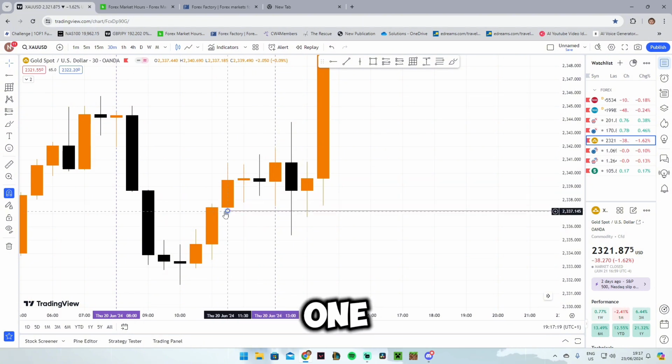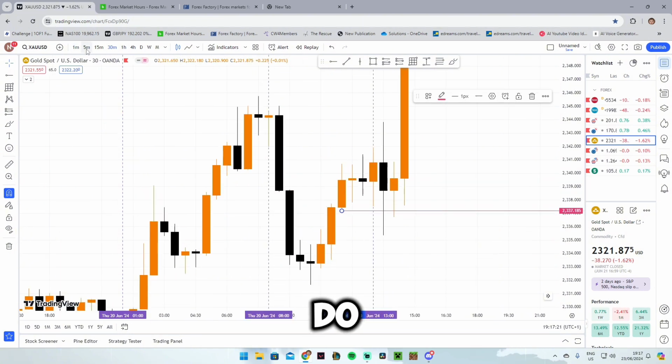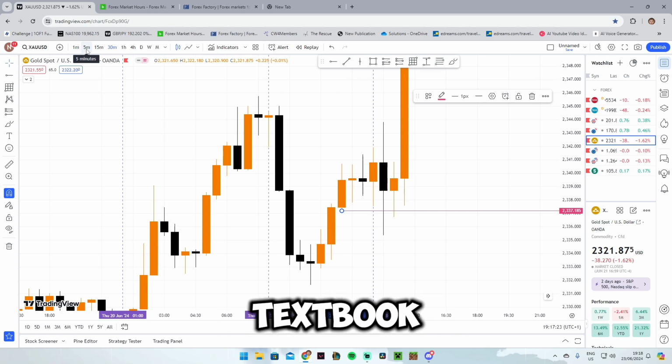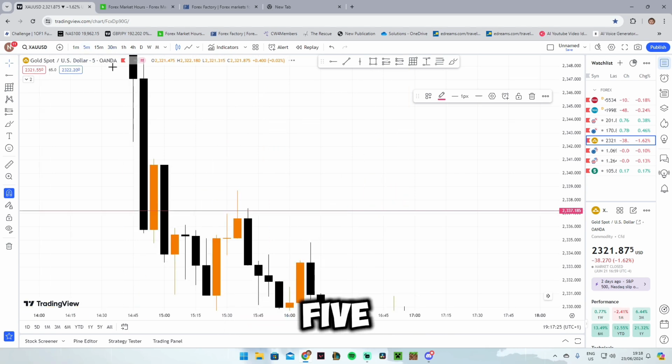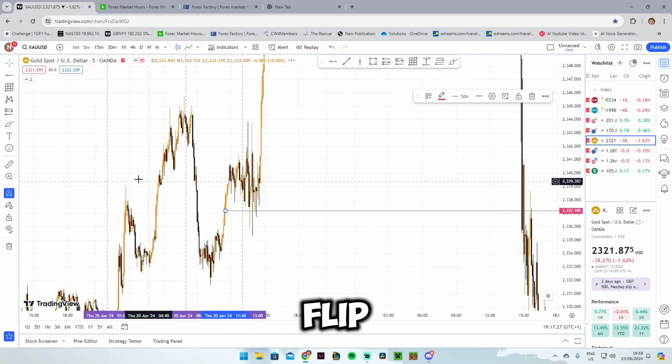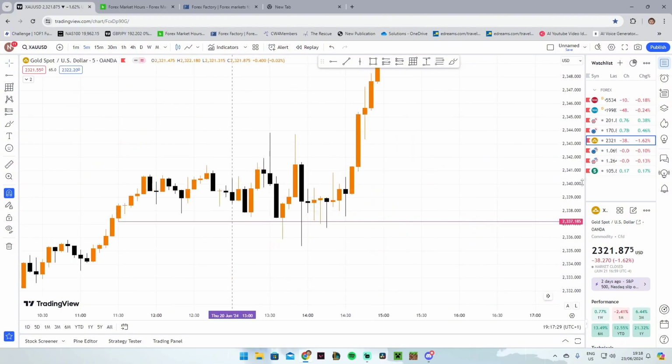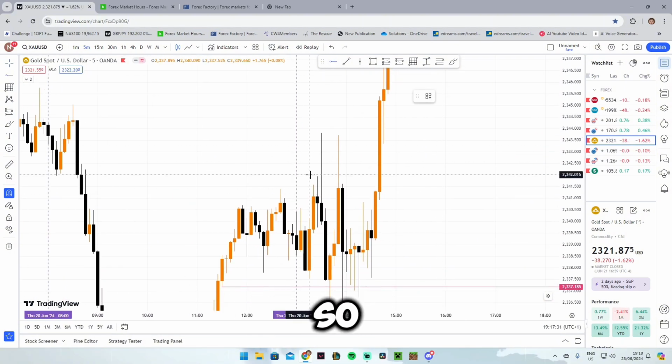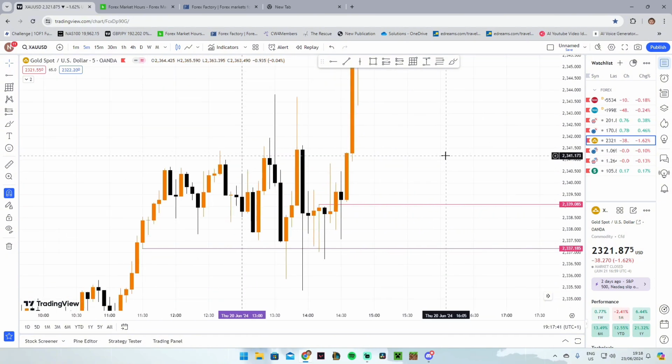Even this one. What do we do? Simple, textbook. Hop in a 5 minute. Look for break of structure, so monitoring this. Nope, this. Well, later on. But here, nope. Here. Wow.